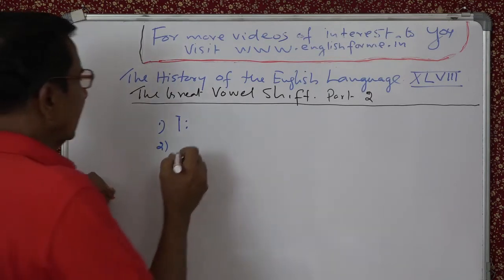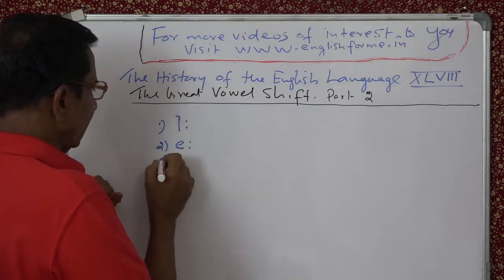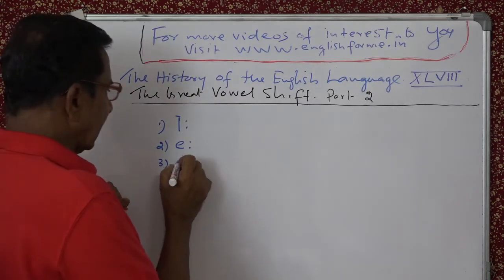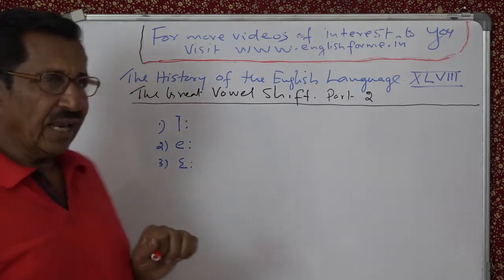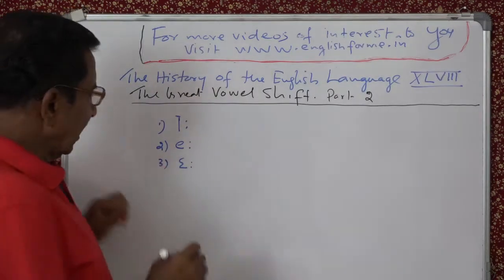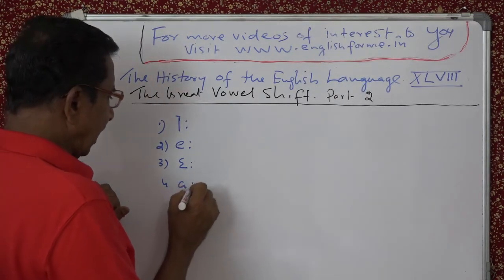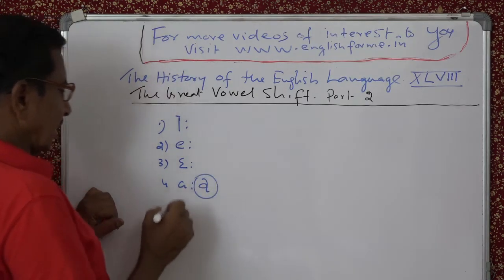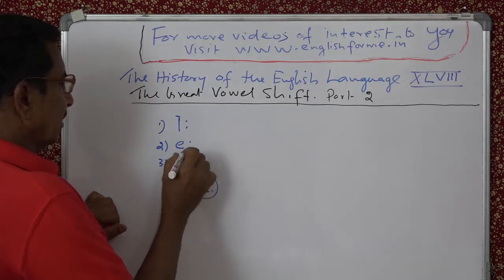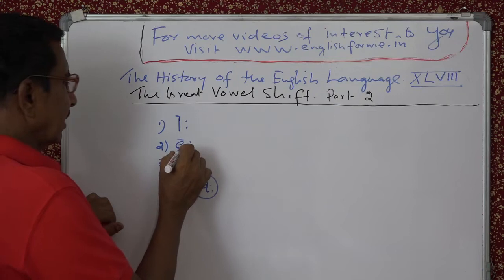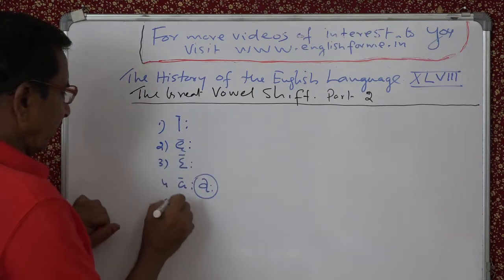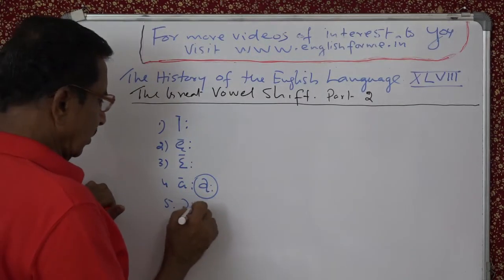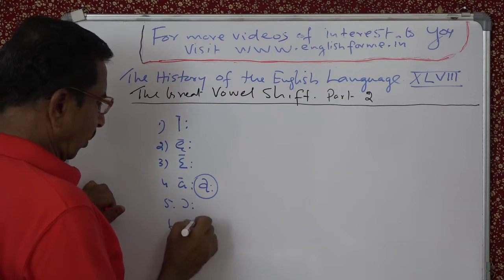Then the next one is this sound, and the third is A, written like this, with a slight difference. And the fourth is also A, written like this. In some books you will find this. Both ways you can see, and this is length and diacritic. Number 5 is O, written like this. This is the sound O, and 6 is another O.